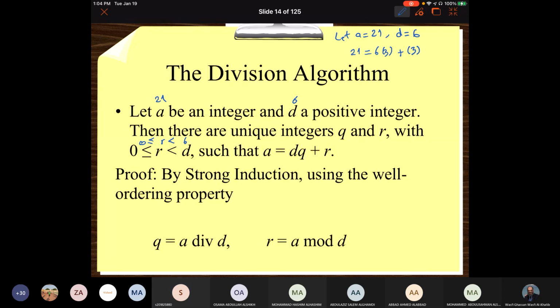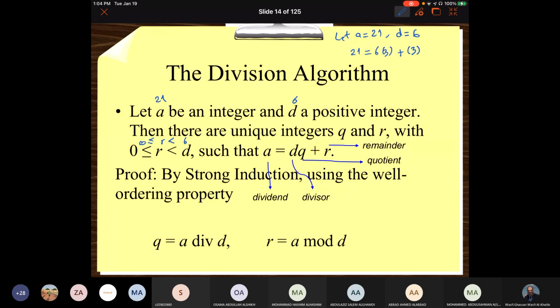Yes. Now, do you know what is this 3 and what is that 3? The first one is the floor of the division, or it is actually called the quotient, and the second 3 is called the remainder.